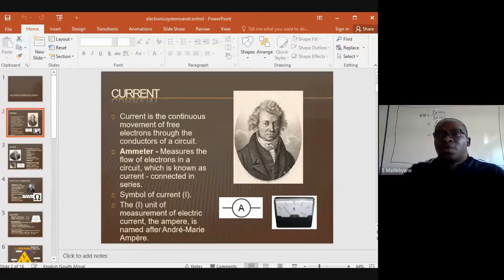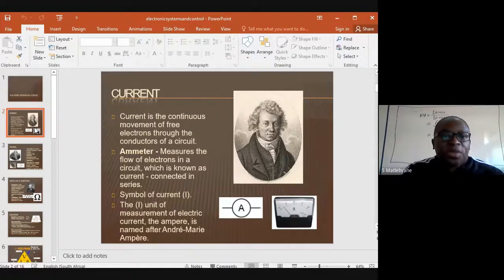When you make the circuit, you are allowing those free electrons to flow, and as they flow, they will cause the light bulb to shine. But if you break the circuit, because those electrons now are no longer moving freely, the light bulb will not shine.